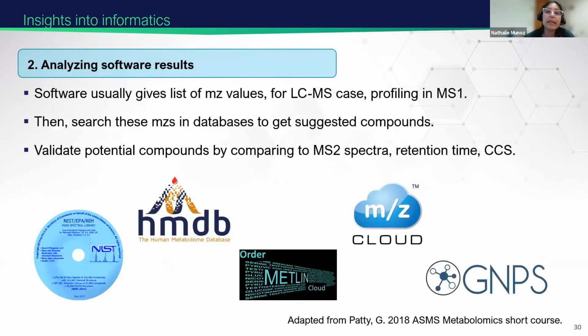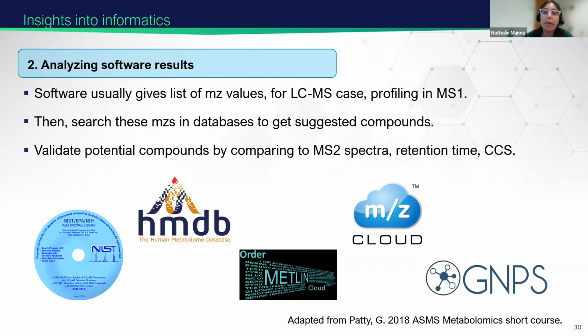In the second step, which is analyzing the software results obtained in the previous steps, we have to remember that the previous software usually gives us a list of m/z values, profiling in MS1. These m/z values have to be searched in databases like the ones shown here to find suggested compounds that match these masses.